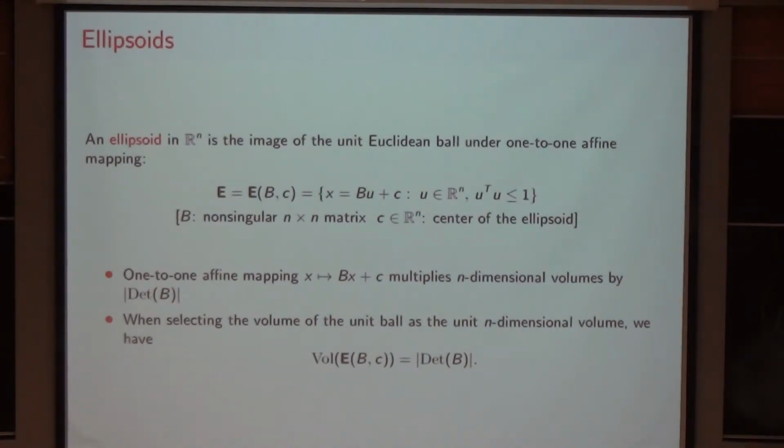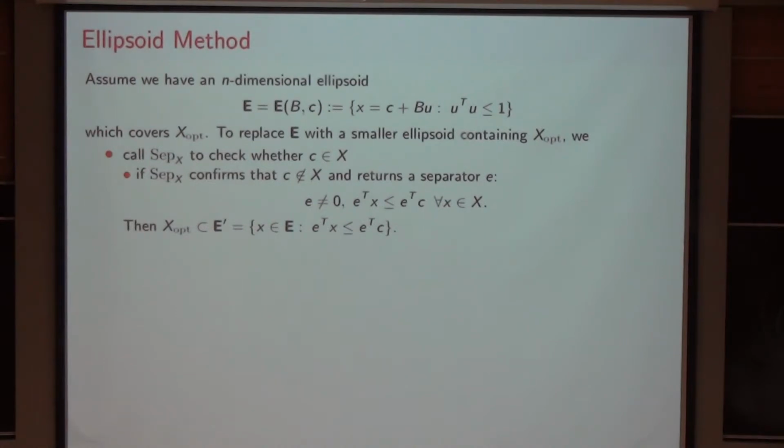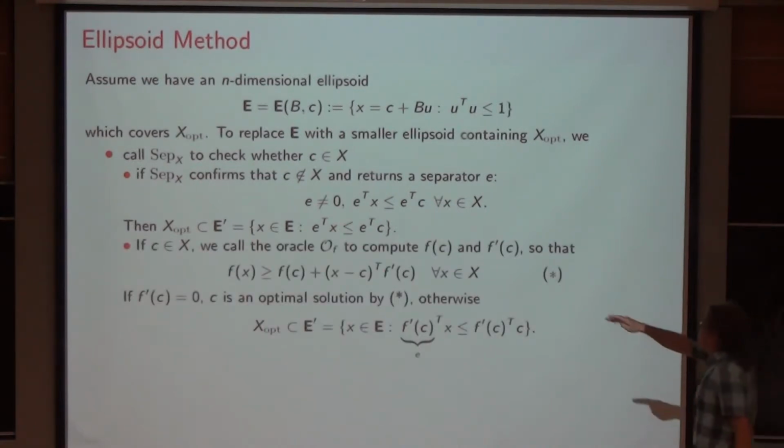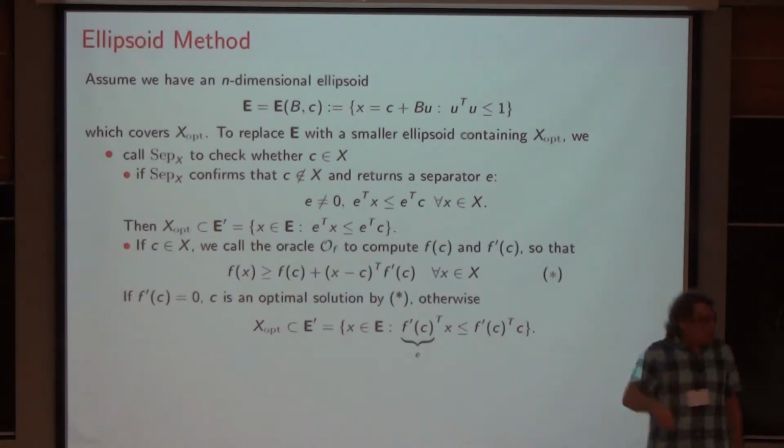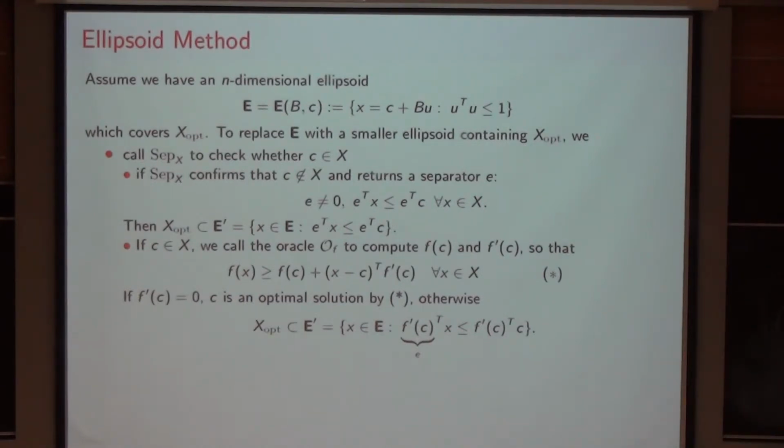Now, what is the idea of the ellipsoid algorithm? Imagine that at some point we have a localizer, which is an ellipsoid covering the optimal set of our problem. We use the separation oracle, or the first order oracle, and we do a cut of our ellipsoid E. The cut passes through the center of the ellipsoid, and we don't know a priori the direction of the cut.